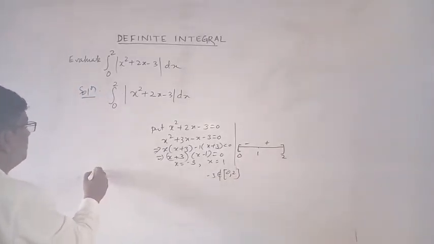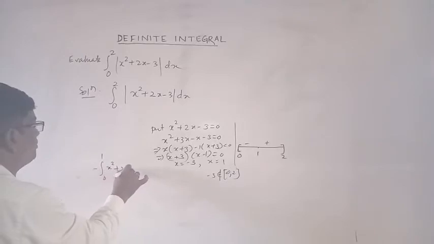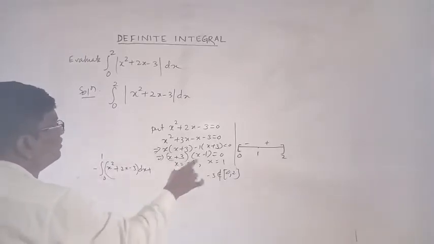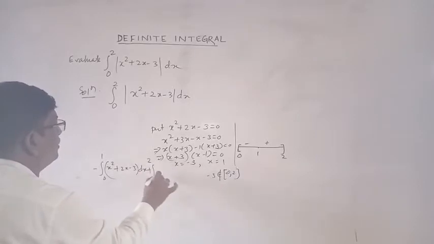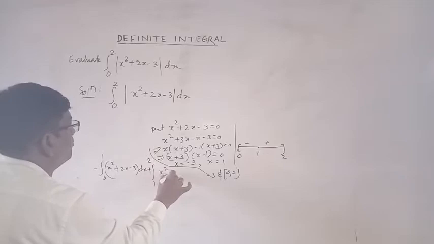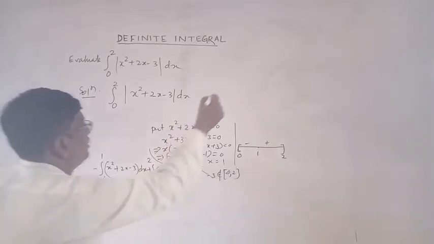This is minus integration from 0 to 1 of x square plus 2x minus 3 dx, plus integration from 1 to 2 of x square plus 2x minus 3 dx. Now integrate this.